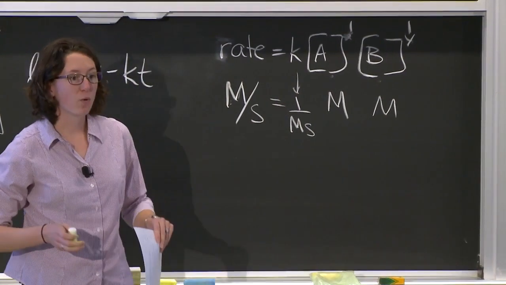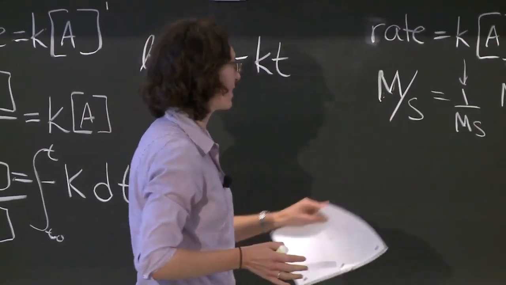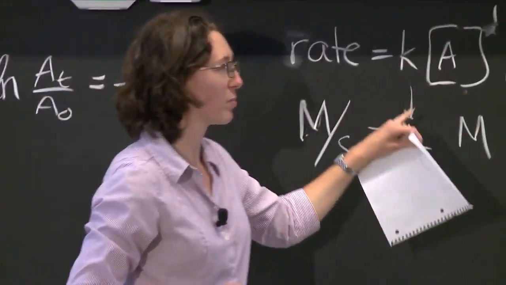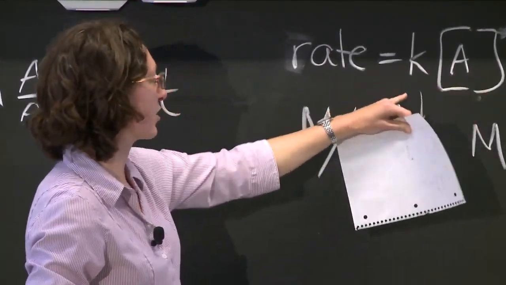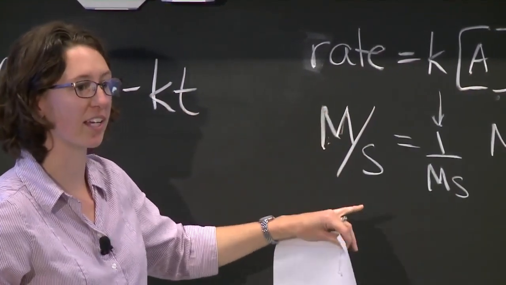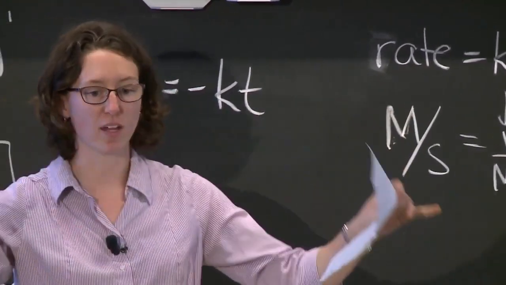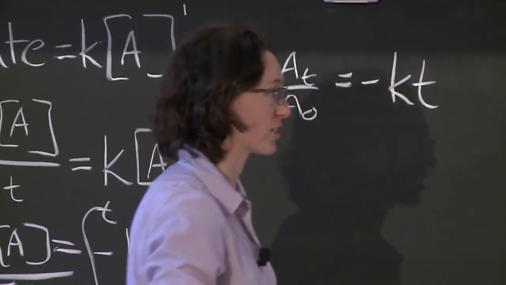So that's how you can figure out what the units of your rate constant are, because it always needs to multiply with your concentrations and your K to equal moles per liter per second, and that is going to be the units of our rate that we care about in our kinetic equations.